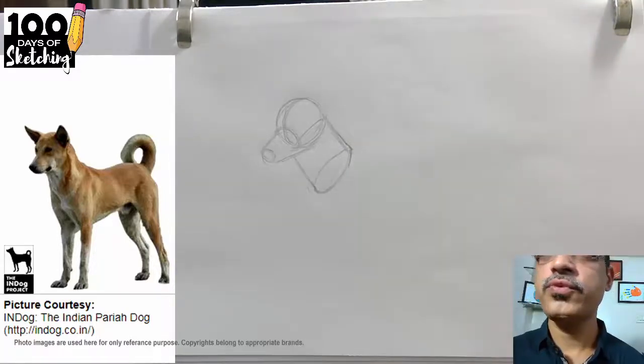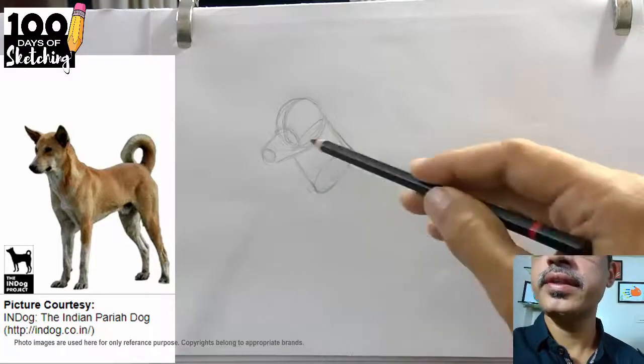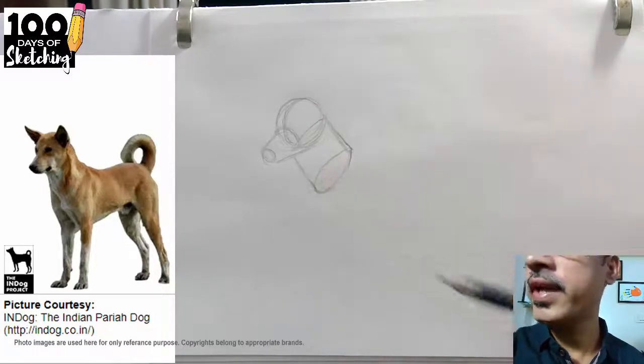So this is the sphere here, then the cylinder, and there's another cylinder attached here.